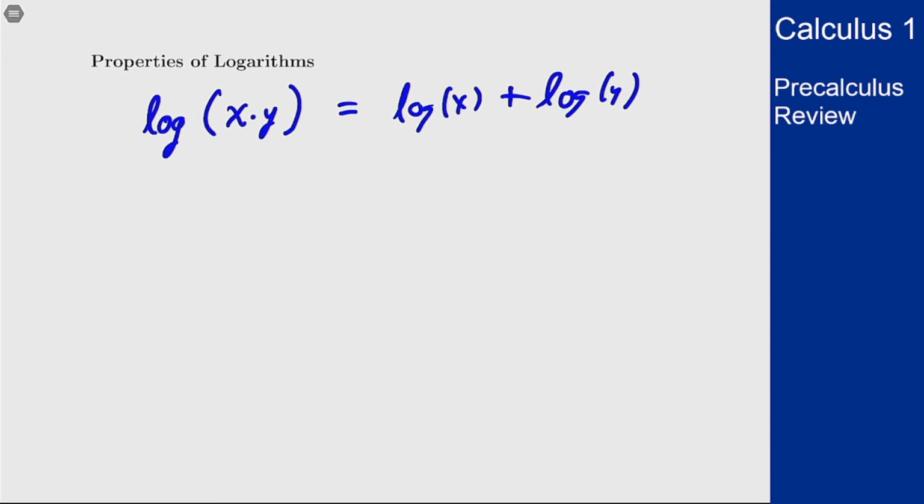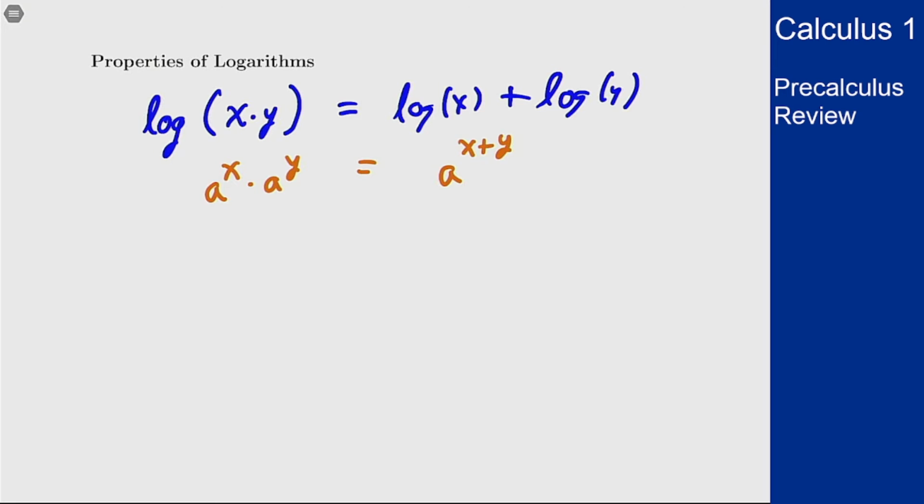What you can relate this to is the fact that a to the x plus y is the same as a to the x times a to the y. So multiplication and addition kind of swap roles when you go with logs and exponentials. They sort of interchange how they relate addition and multiplication.